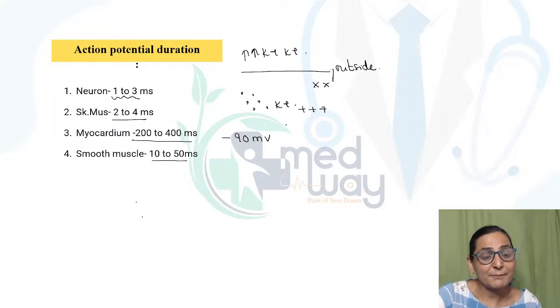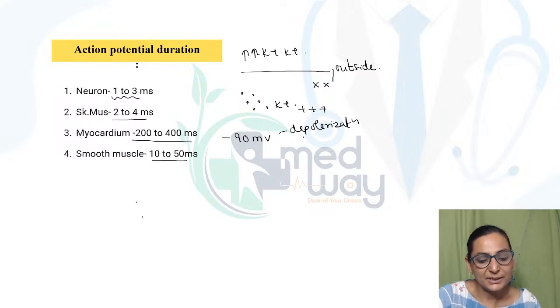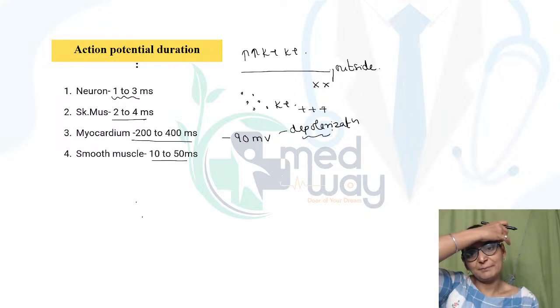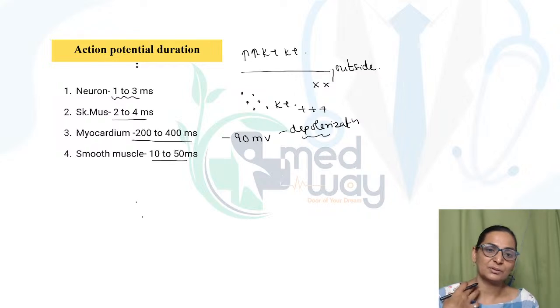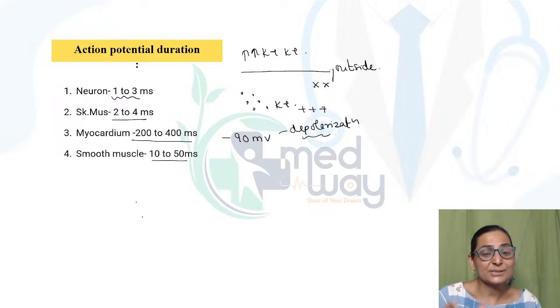That means the resting membrane potential will become more positive and therefore depolarization becomes easy. Hence hyperkalemia results in a faster depolarization, because the resting membrane potential is not so negative. There is increased positivity inside.